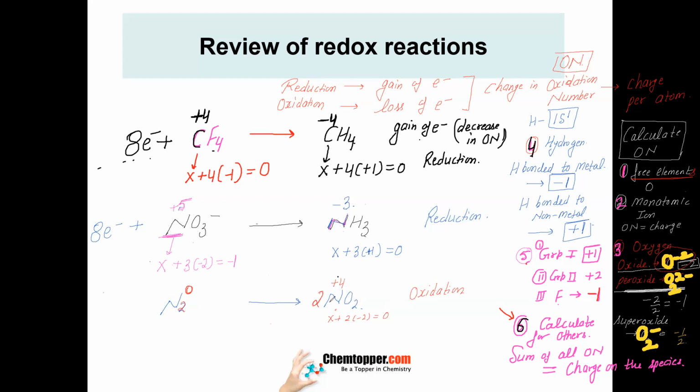Per nitrogen atom, nitrogen is going from 0 to plus 4. So how many electrons is it losing? One atom is losing 4, 2 will lose 8. And loss of electrons, I'm going to write down on the product side.